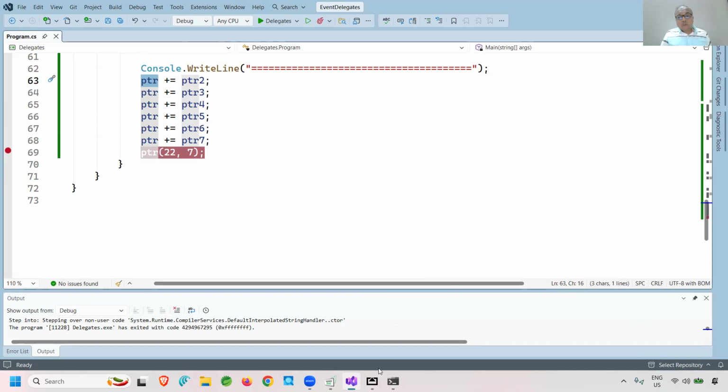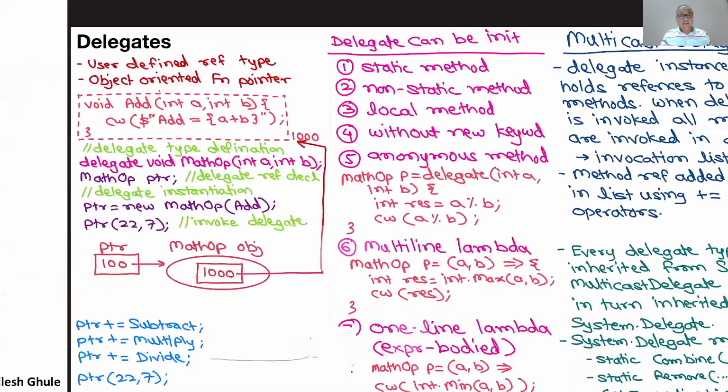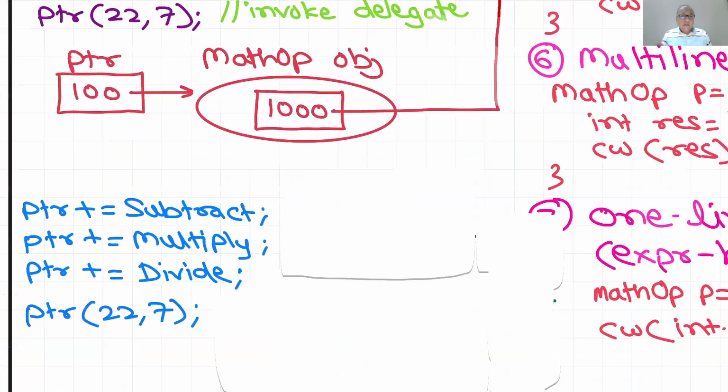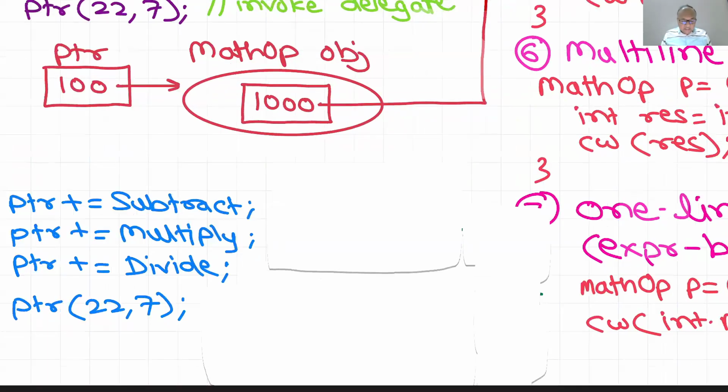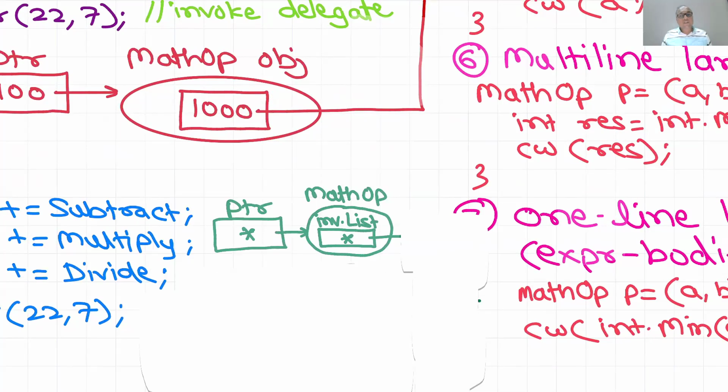So let me show you diagrammatically. So when I'm creating a delegate over here and adding like plus equal to subtract, plus equal to multiply, plus equal to divide, what will happen? The PTR itself will actually point to a delegate object.